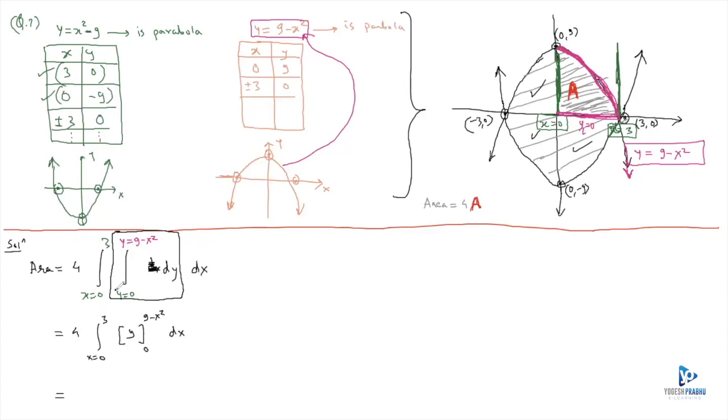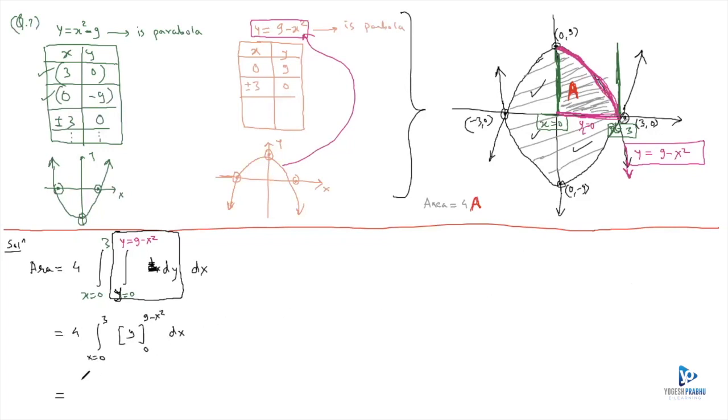Because I'm integrating y. When you write dy, there are limits of y, and it should always be the first one, because the limit of y is in terms of x.